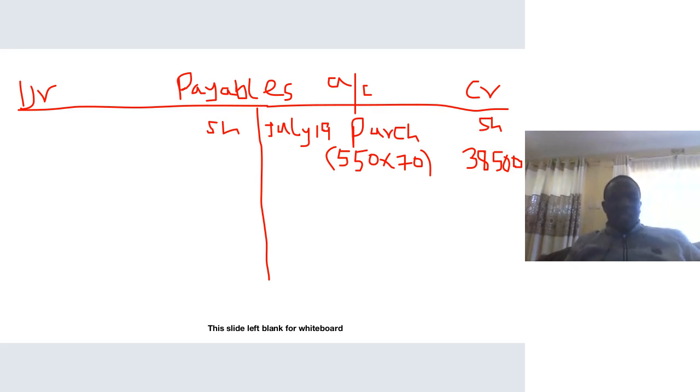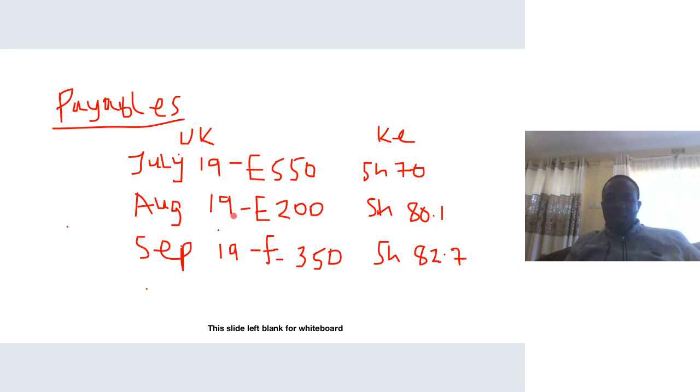Thank you. Then if we go back to our slide, where we have the problem, we are told that this Kenyan company settled 200 pounds in August 2019, again at an exchange rate of 80.1.